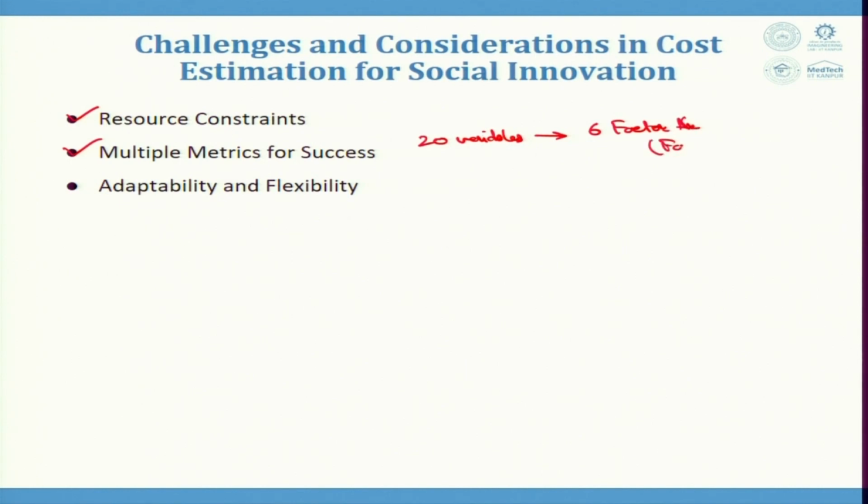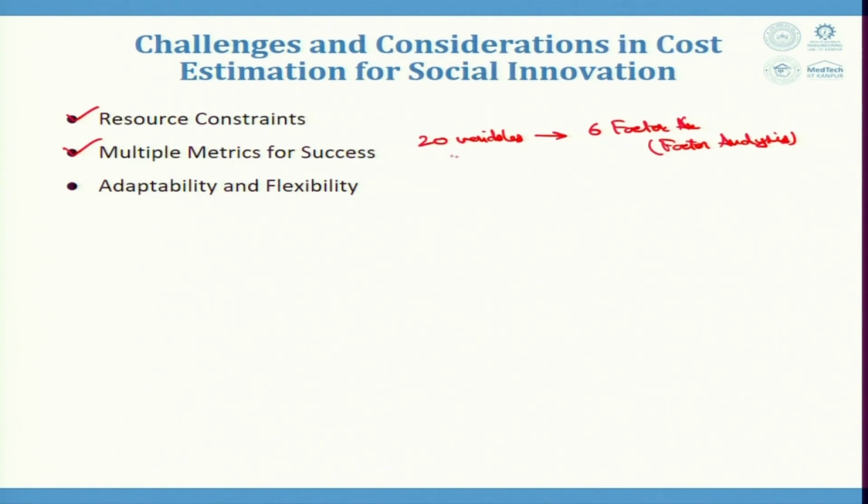This is known as factor analysis. It means that for the variables, the common factor is taken out of them, and these 20 are converted into 6. So, multiple metrics of success are always there.